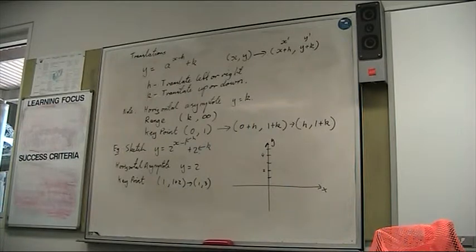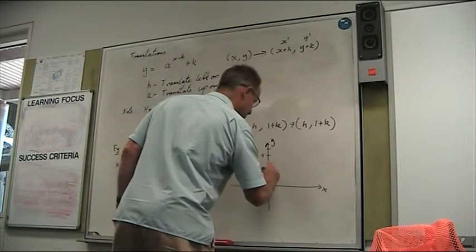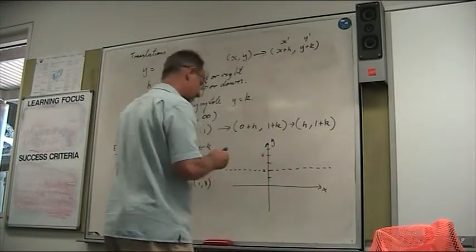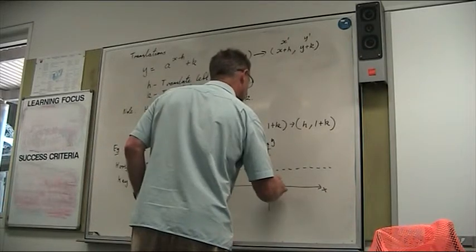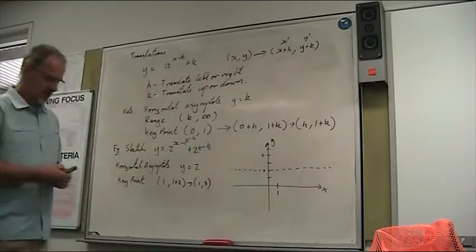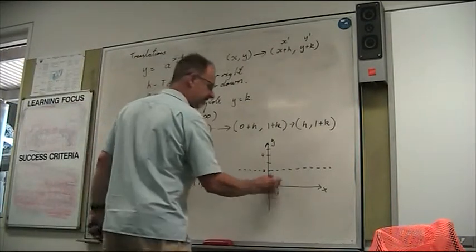So horizontal asymptote y equals 2, that's across here, and our key point is at 1 and 3.